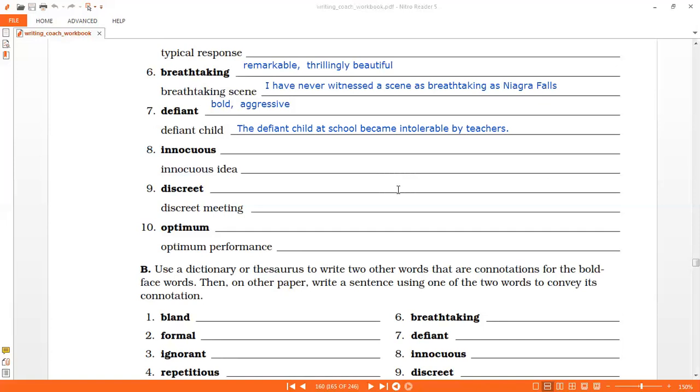Innocuous is something that is harmless or something which is safe. Anything that is innocuous is harmless and safe, which is not posing any harm.